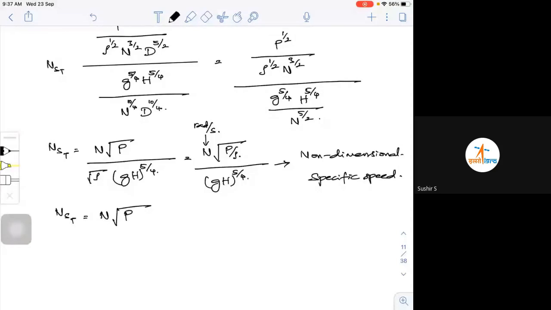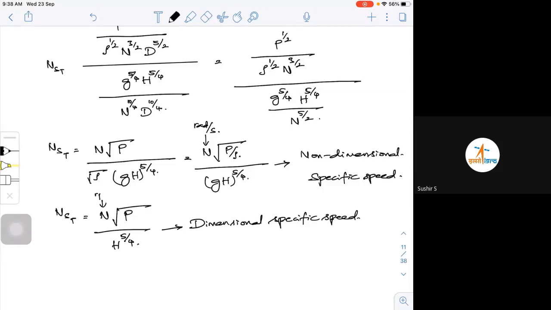Then G also will go off, and I am left with only H to the power of 5 by 4. This is the dimensional specific speed, where n is in RPM.